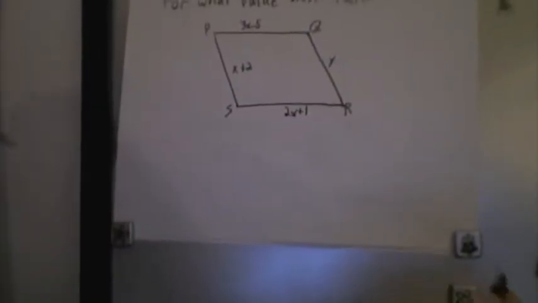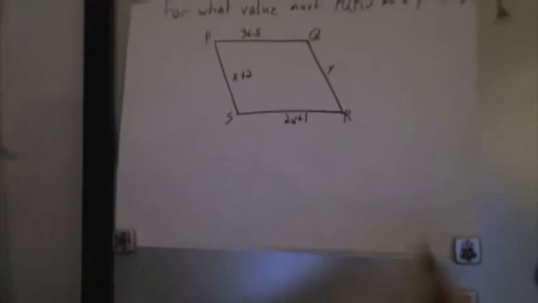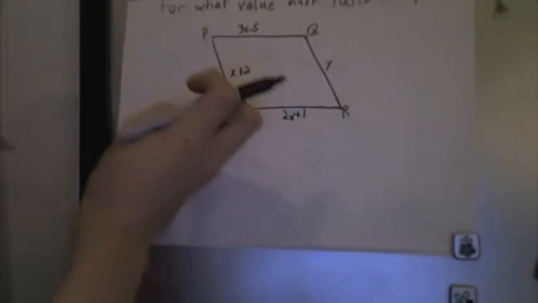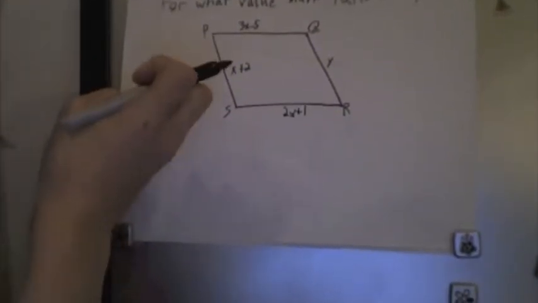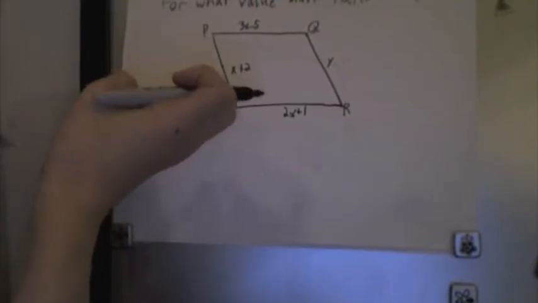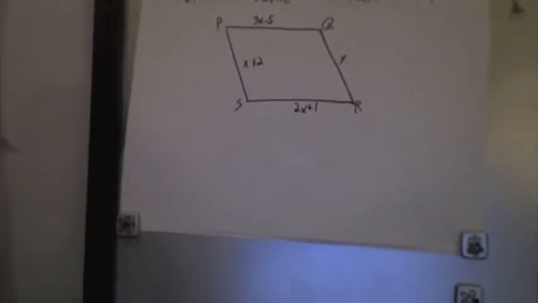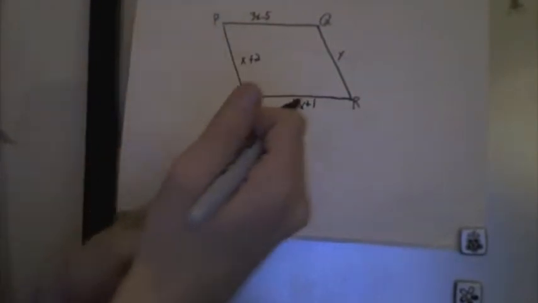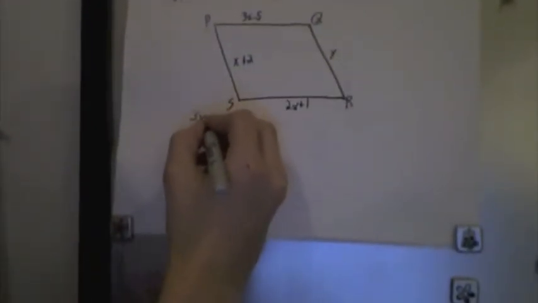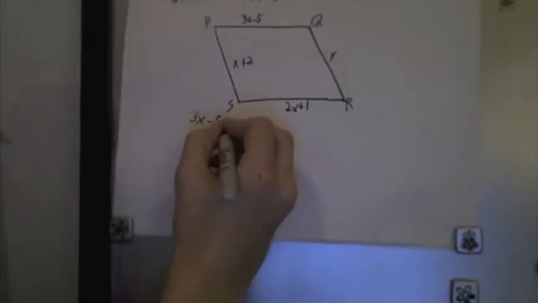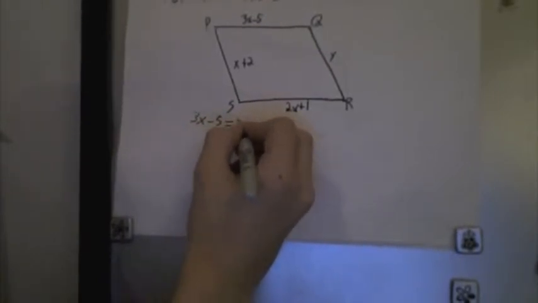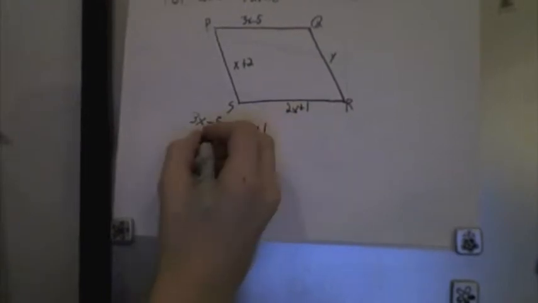For what value must PQRS be a parallelogram? First, we have to find x. PQ is equal to SR, because in a parallelogram, opposite sides are congruent. So 3x minus 5 equals 2x plus 1.